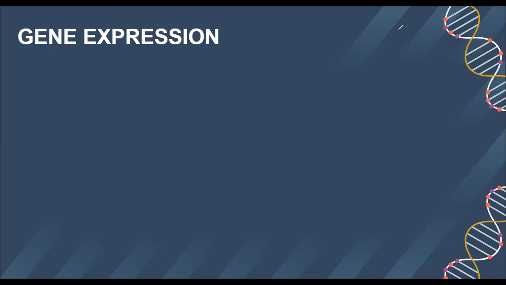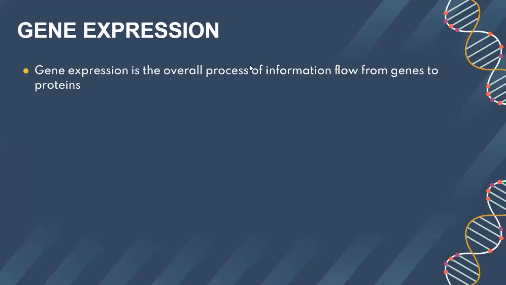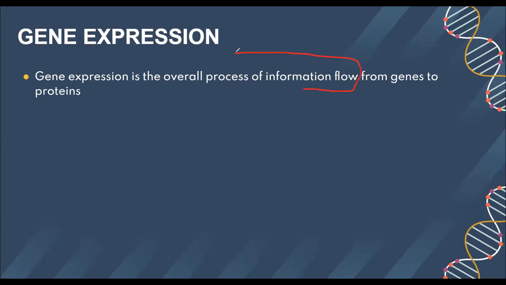Similarly, in living systems, gene expression is basically the process of information flow. How much, at what time, in what amount the gene should be expressed, when the gene should not be expressed, when the protein is required, not required. All this is involved in gene expression.